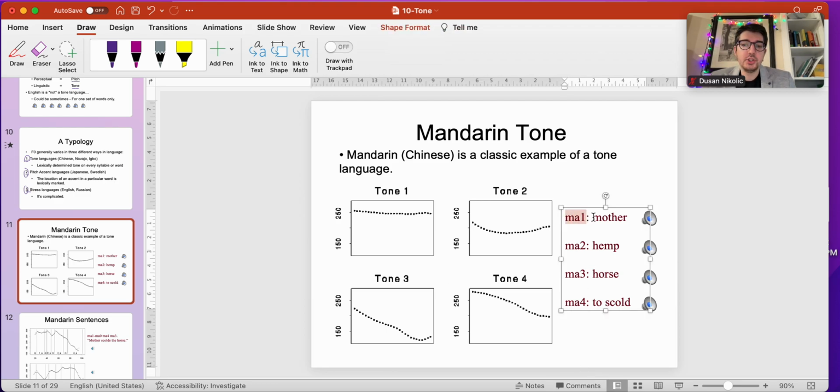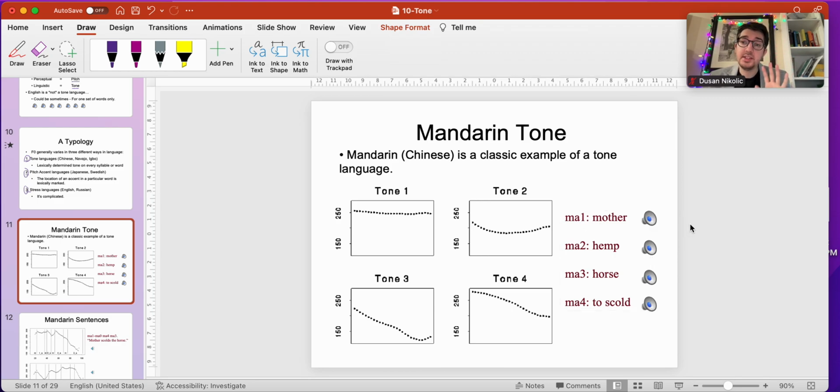And each of these tones is superimposed on the word ma, right? So pay attention, we have m and a as two segments and some tone above it, right? So we can say ma in, let's say 10 different ways, but in Mandarin tone, this means something actually.